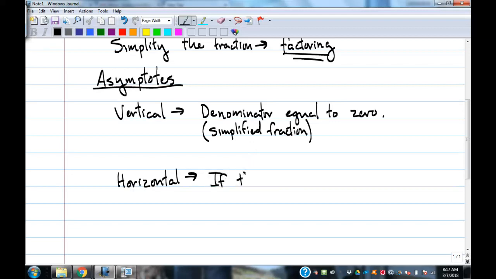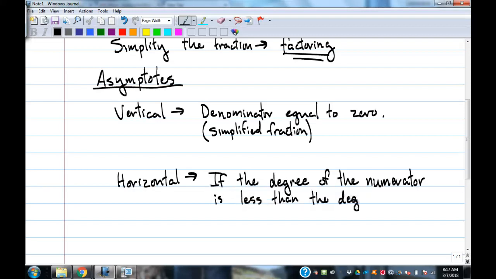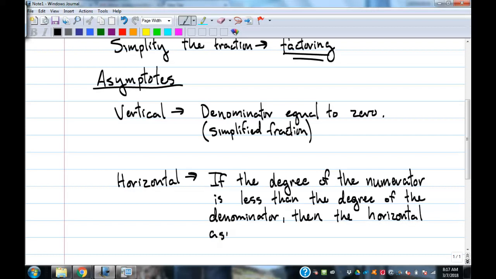If the degree of the numerator is less than the degree of the denominator, then the horizontal asymptote, we'll abbreviate that HA from here on out.